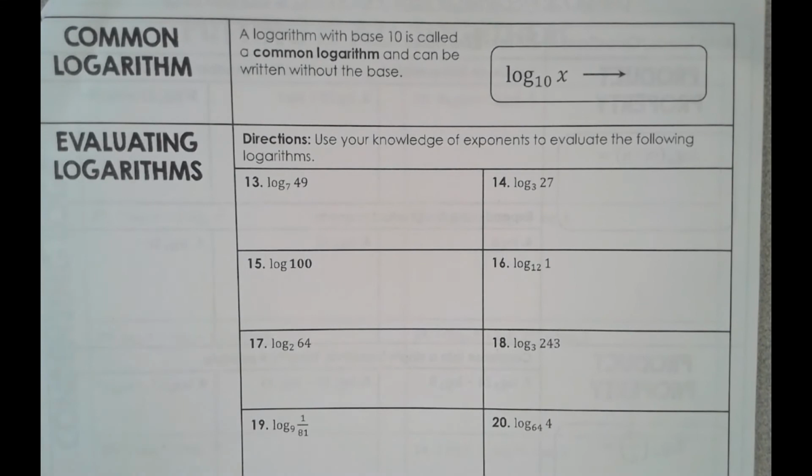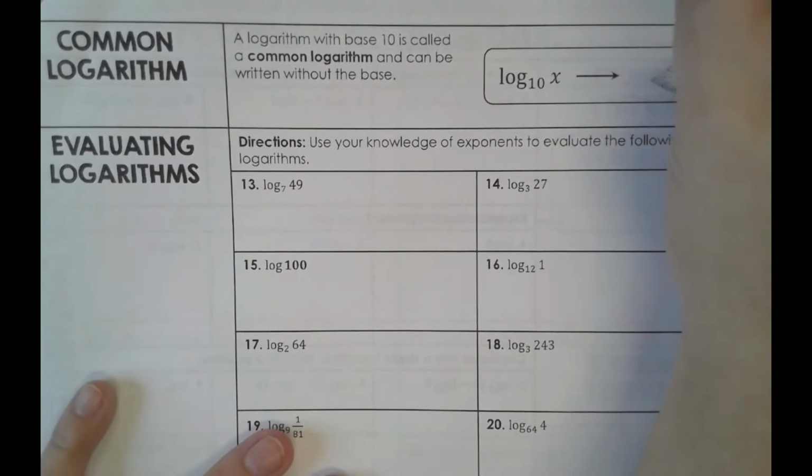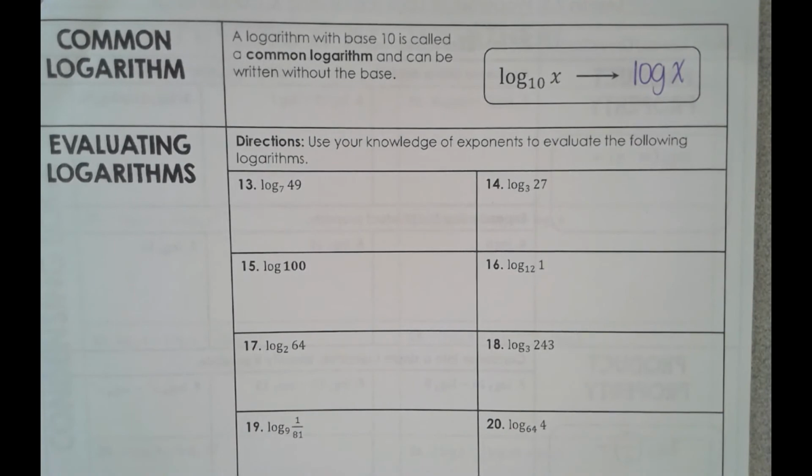So there's something called a common log, and that's when the base is 10. So if the base is 10, you don't even have to write the base. You can just write log of x. Kind of like when you have an exponent of 1, you don't write the 1, you just assume it's there. Same thing for logs.